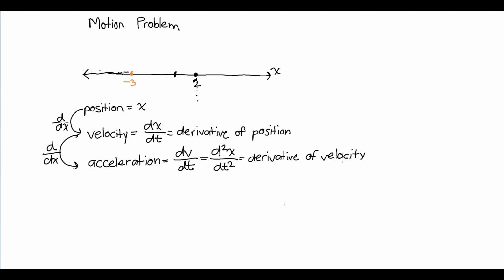Now, you have to realize that there's another quantity that you have to be familiar with: speed. And speed, if you remember from physics, is not a vector quantity. A vector quantity is something that has both magnitude and direction. So basically, in math terms, if the velocity is v of t, speed is the absolute value of v of t.